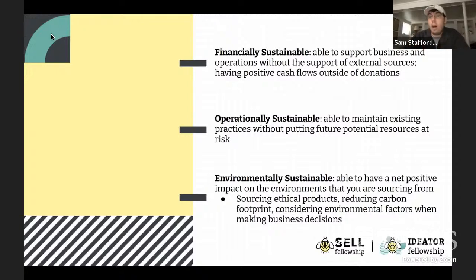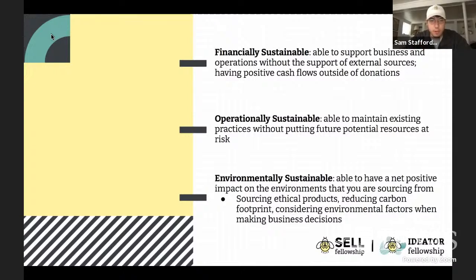They need to have a net positive impact on the environments that they're sourcing from. This includes the environment and also includes the communities that they're serving. We want them to source ethical products, reduce carbon footprint, and ensure that they're considering environmental factors when making business decisions. So this triple bottom line is really what differentiates other businesses from social enterprises.